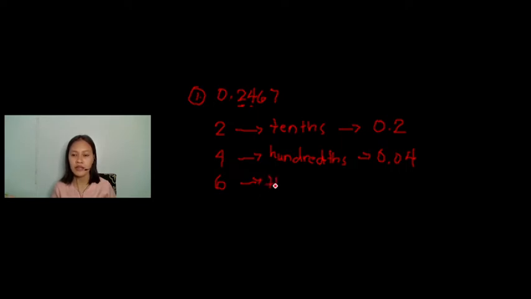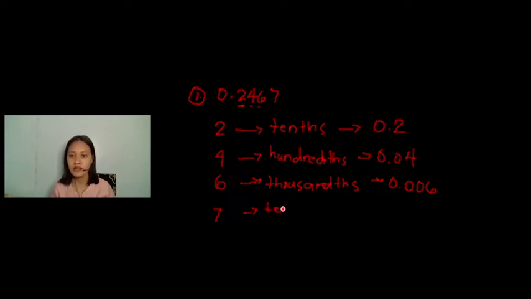That is why it is in the thousandths place. Ayan. Thousandths place. And then for the value, that is 0.001. So, instead of 1, palitan natin siya ng 6. This will become 0.006.